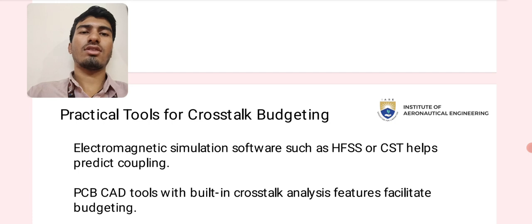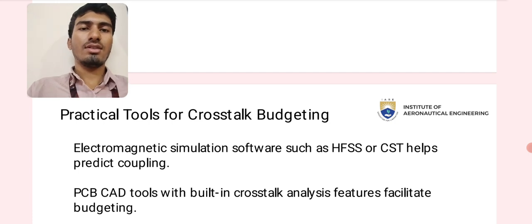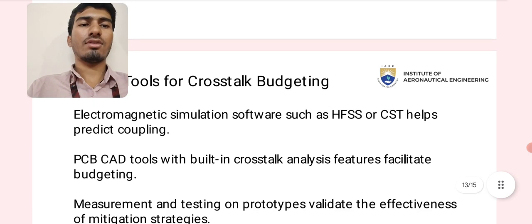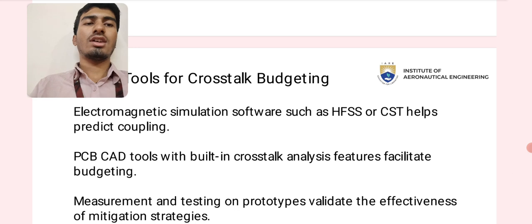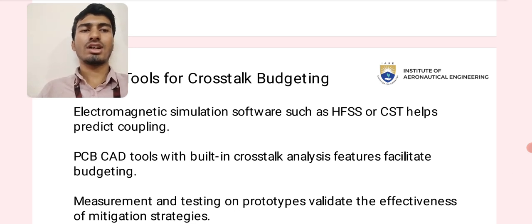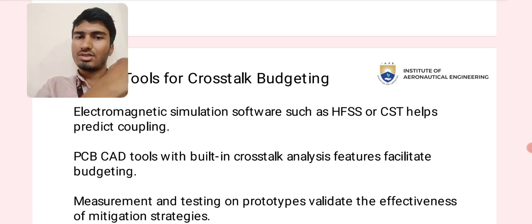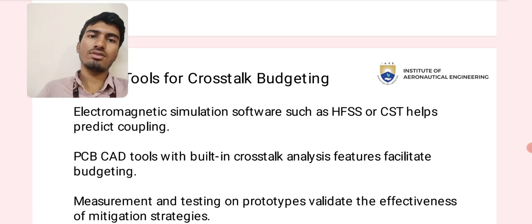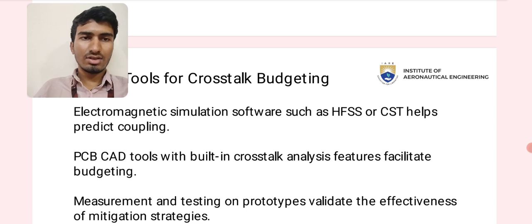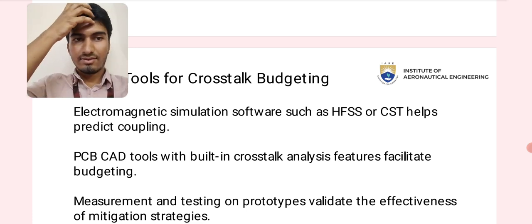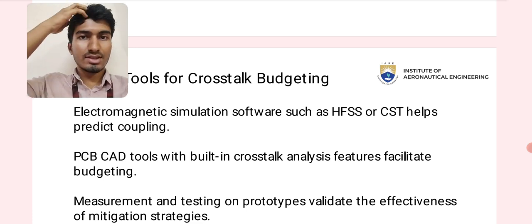Practical tools for crosstalk budgeting. Electromagnetic simulation software such as HFSS or CST helps predict coupling. PCB CAD tools with built-in crosstalk analysis features facilitate budgeting.